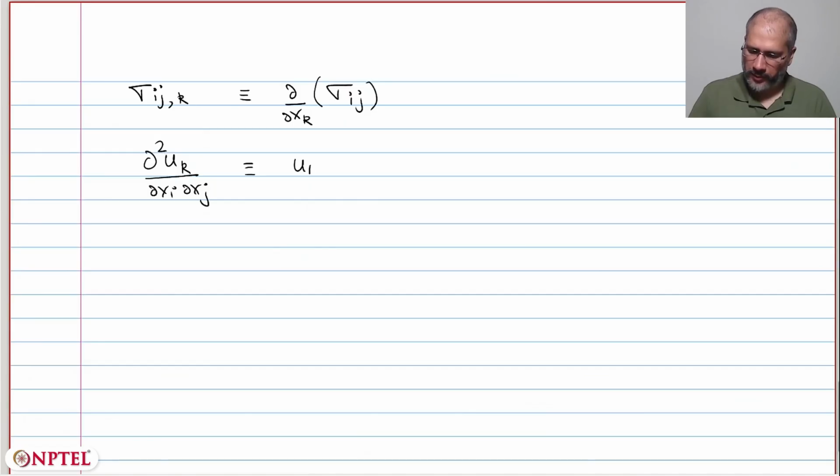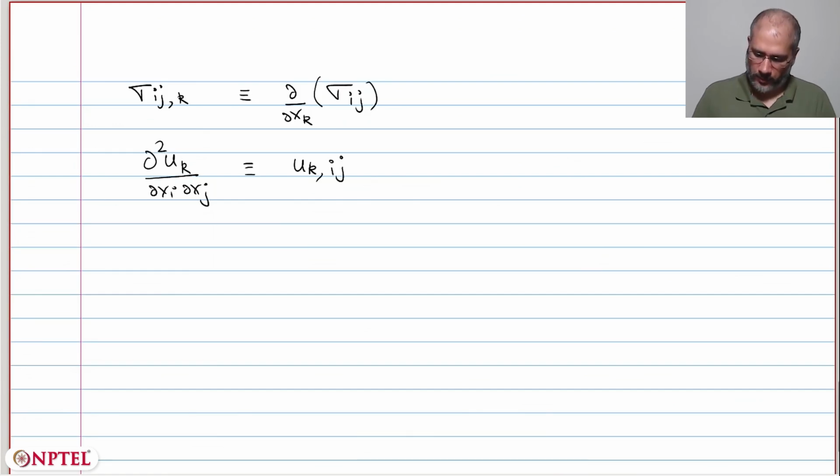So the quantity being differentiated is uk, so that comes here first. Then we use the comma notation, so the uk comma, and then we'll have two indices i and j. So the use of two indices basically means that we are differentiating the quantity twice. In this case, first with del xi and then with del xj. So these are some of the notational techniques to use the comma notation.